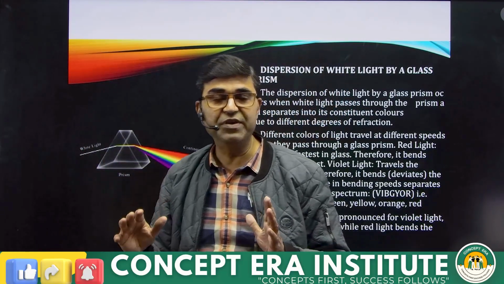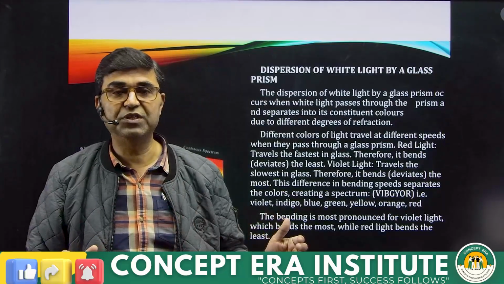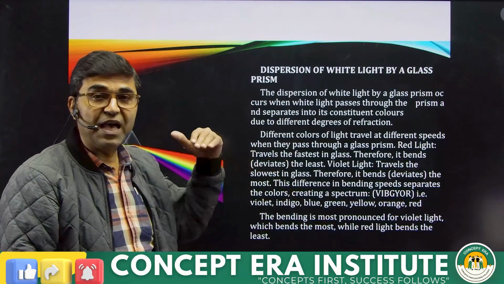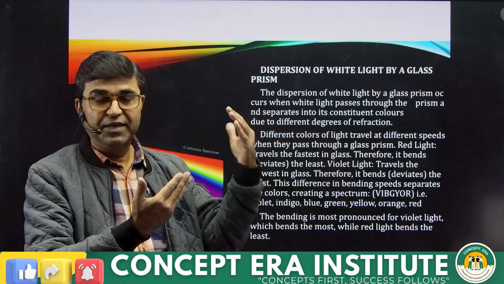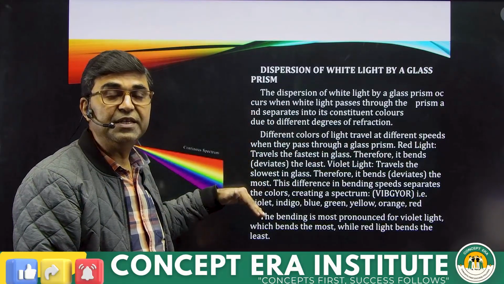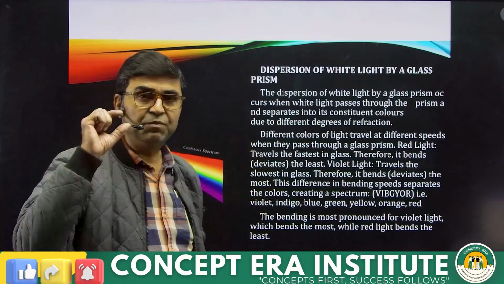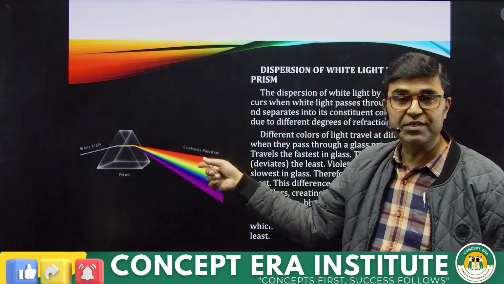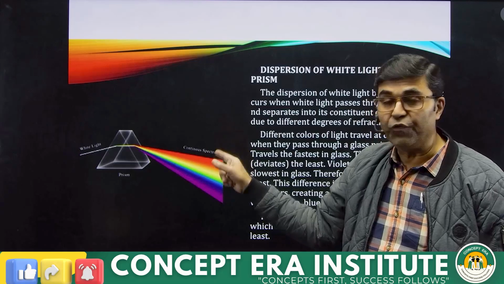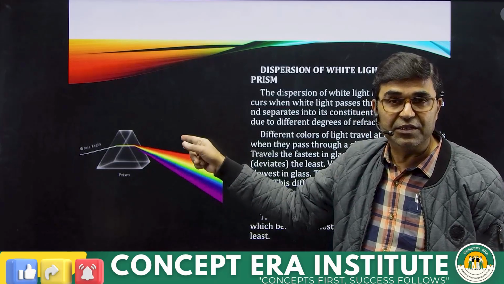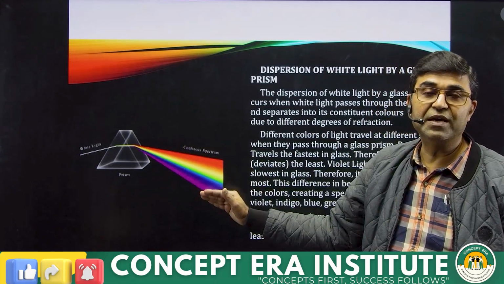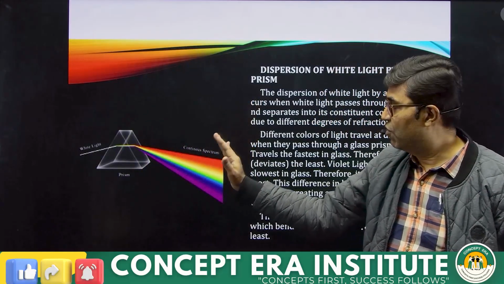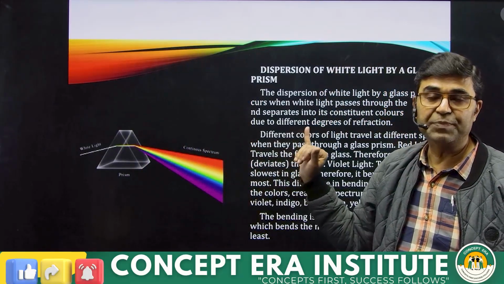But smaller vehicles can move easily through the traffic. In the same way, the light which is having a larger wavelength bends least, and the light which is having a smaller wavelength bends most. And due to this difference in the wavelengths, there is difference in the bending of all the colors, and when they emerge from the prism, they form a band of colors known as a spectrum.